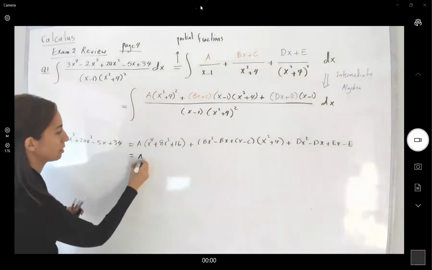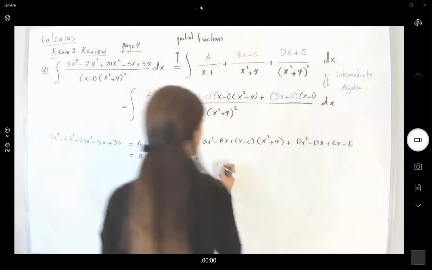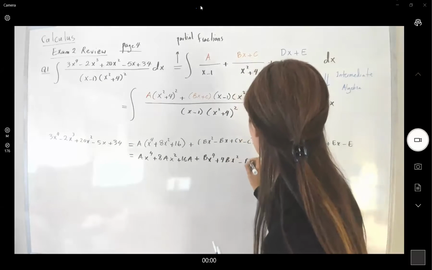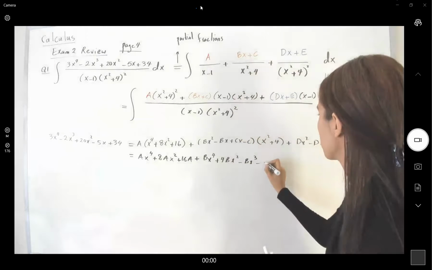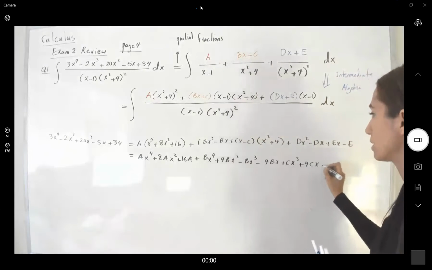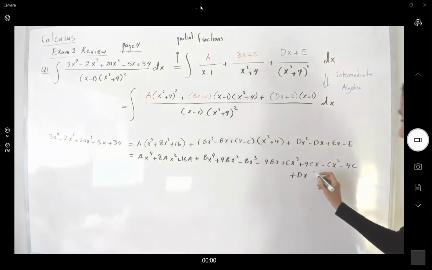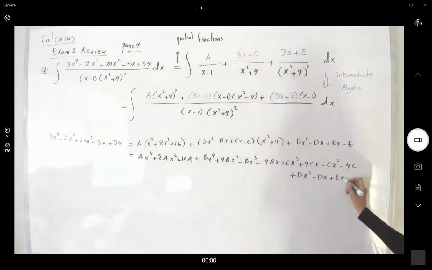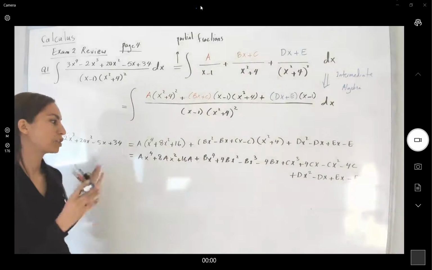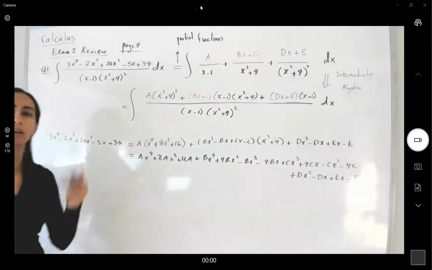So we get A x to the 4th plus 8A x squared plus 16A plus Bx to the 4th plus 4Bx squared minus Bx cubed minus 4Bx plus Cx cubed plus 4Cx minus Cx squared minus 4C, and the rest of these terms, plus Dx squared minus Dx plus Ex minus E. Now you need to group every term with exponent 4, every term with exponent 3, every term with exponent 2, and exponent 1, and the constants.